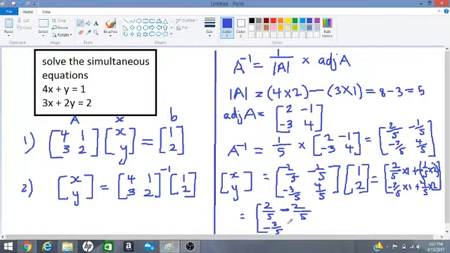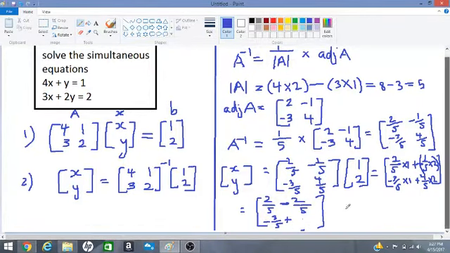And then we have to add that to 4/5 times 2. 2 4s are 8. We get 8 over 5. Good. Now we work this out.